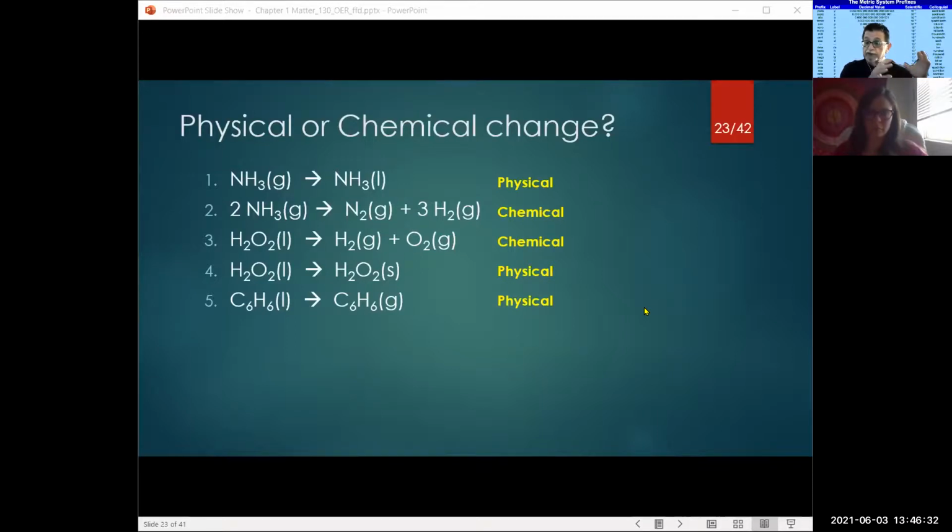Look at it. If it looks the same, like number one, ammonia NH3 still is NH3 at the other end of the arrow, then that's simply an indication of a physical change. You see that plus sign on the reactant product side? That's a good indication that you're dealing with a chemical change. Okay.